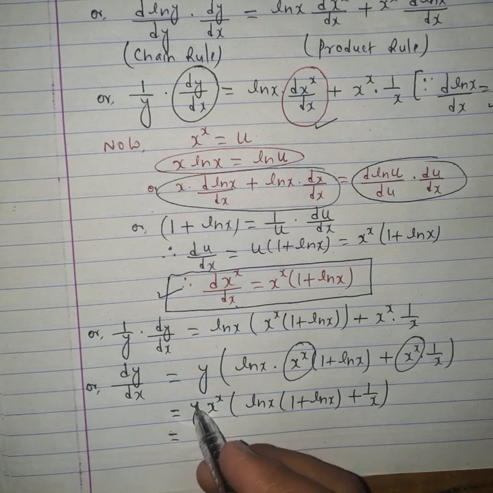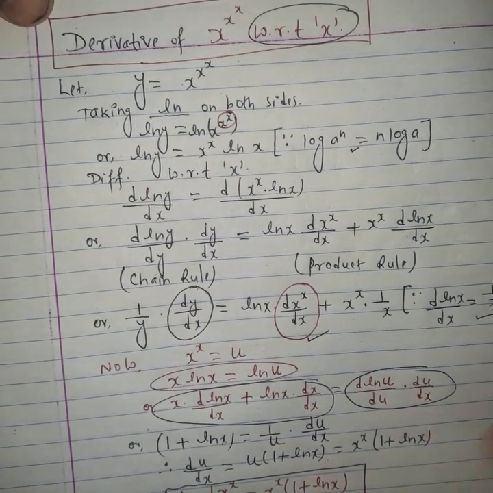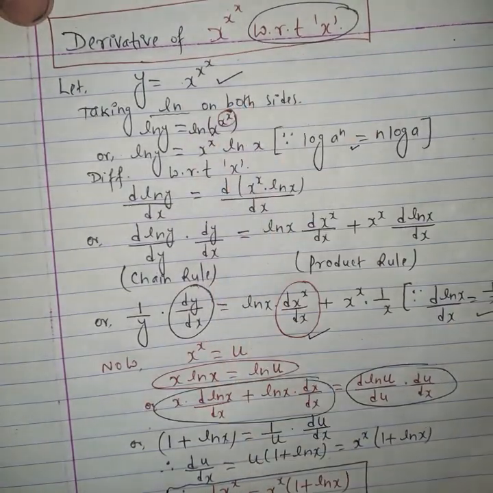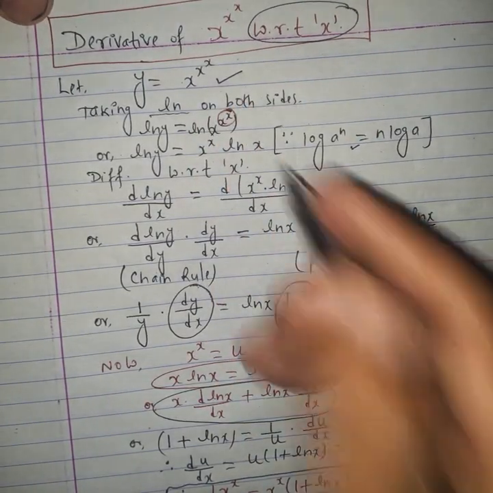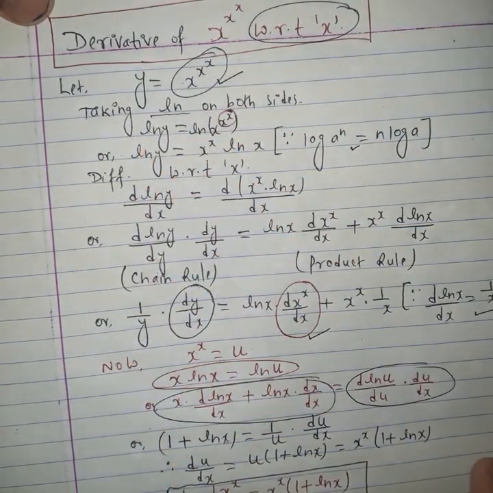And this is y. Here we already supposed y as x to the power of x raised to the power of x, which is our required function. Let's substitute the value of y into this expression.